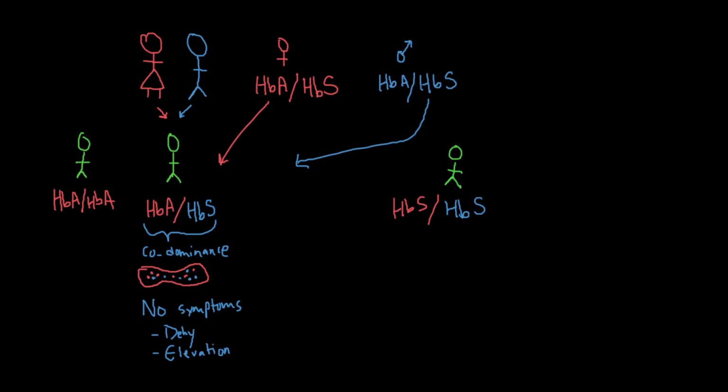This individual would have red blood cells that look like this, and all of the hemoglobin proteins would be the sickle cell hemoglobin, and the result would be much more extensive sickling of the red blood cells compared to this individual over here. And this individual would have no sickling of the red blood cells because all of their hemoglobin proteins are normal.